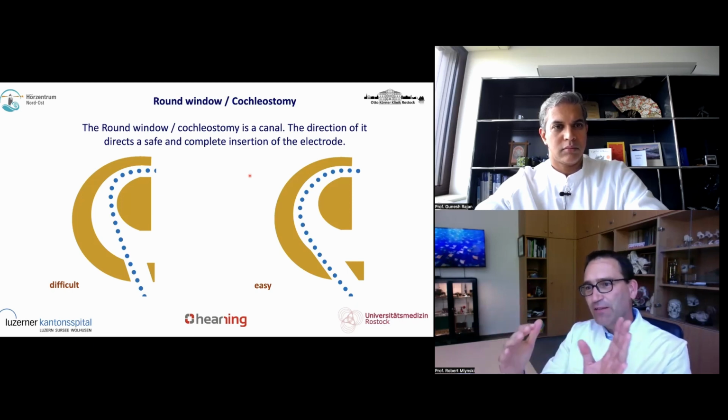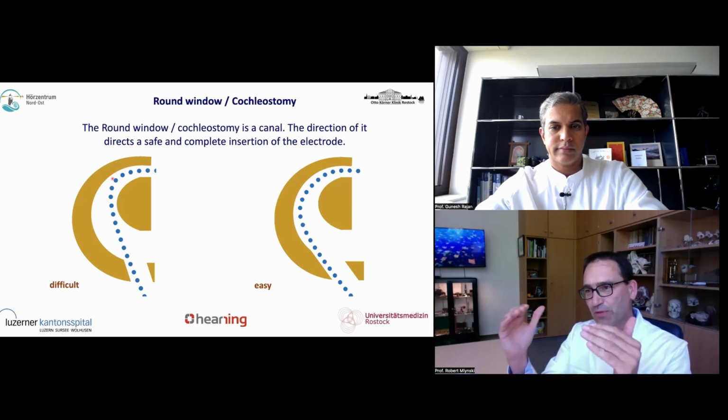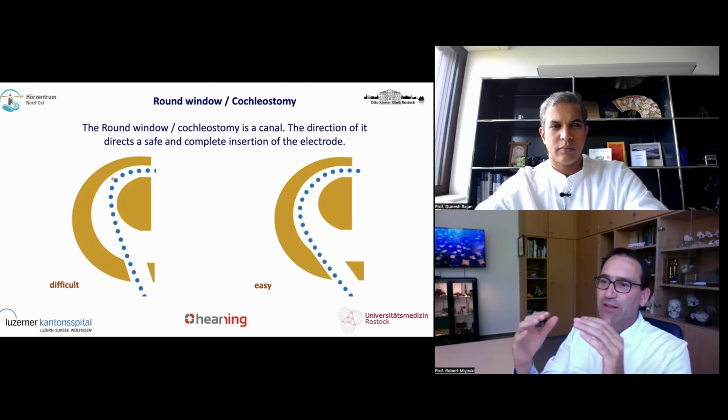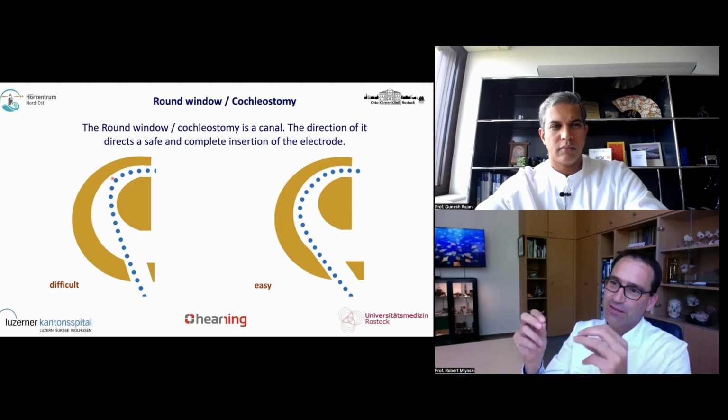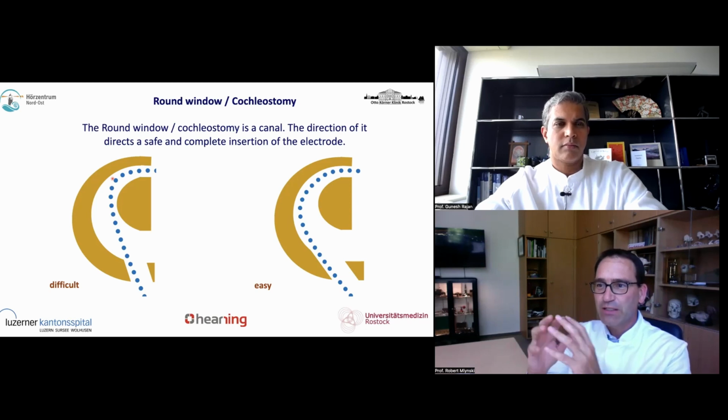And then second, you want to have the electrode going along the lateral wall, so you don't have any tip forces on the electrode in its course, because this will cause friction. If you are unlucky, this friction at the lateral wall will be higher than the compliance of the electrode, and then it starts kinking. So it is important to have slow movement and the right trajectory.